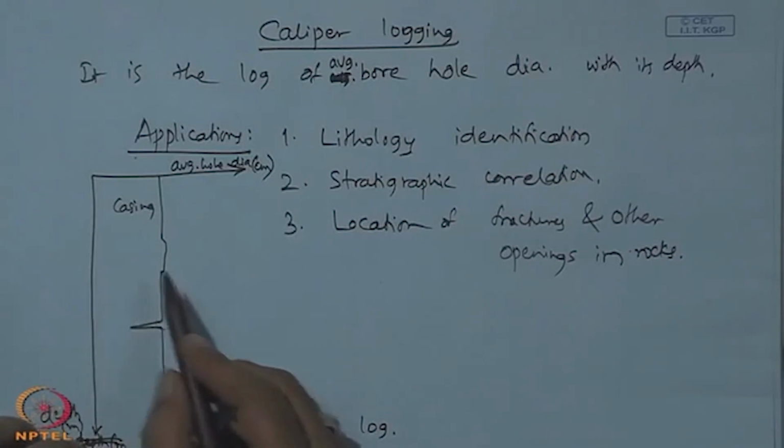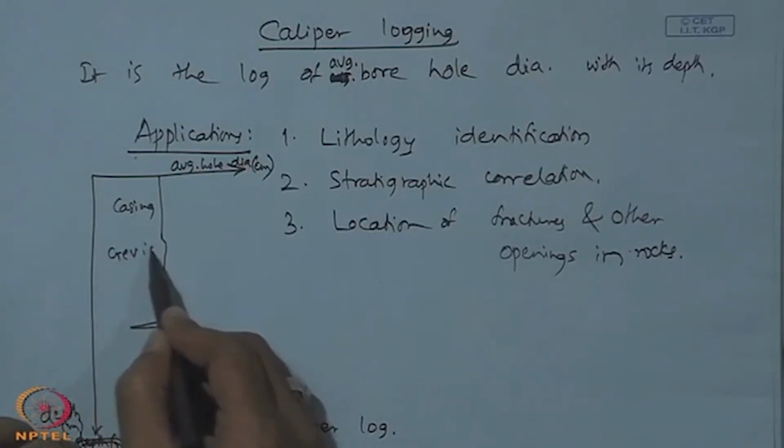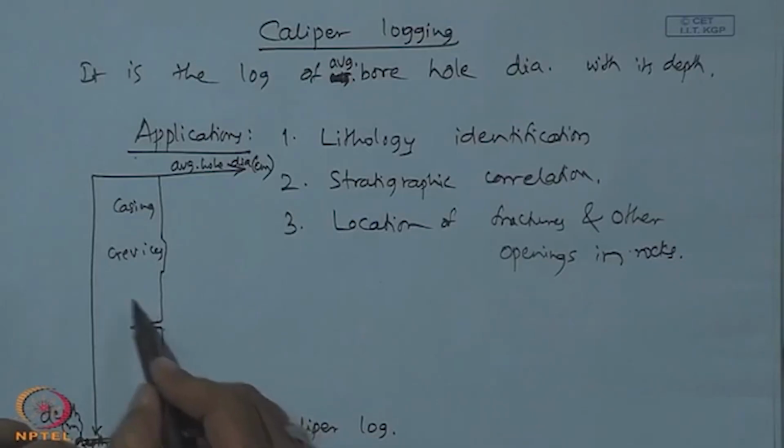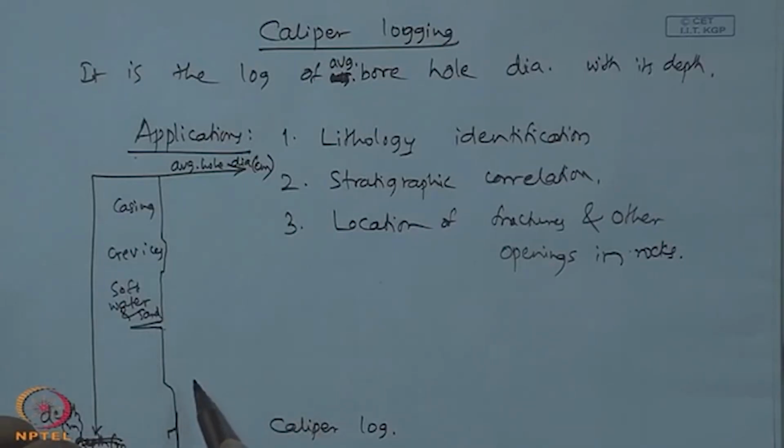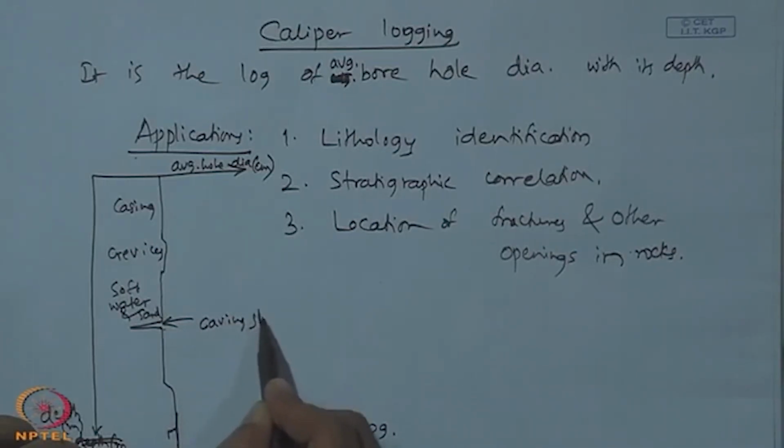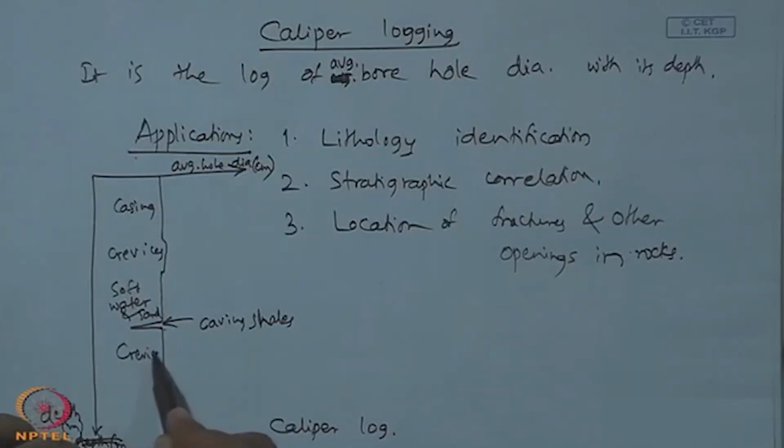this represents crevices, this represents soft water and sand, and again this represents caving shales, again crevices, and this represents liner, and so on.